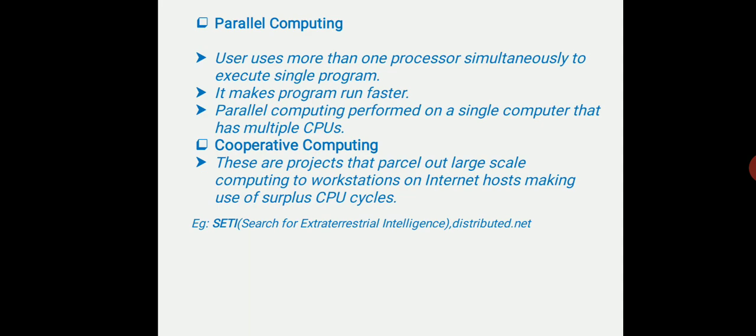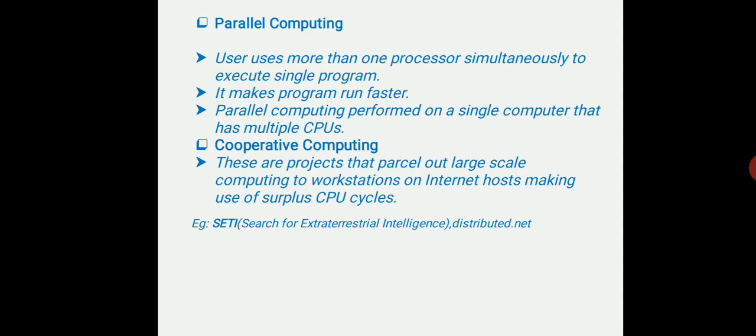Cooperative computing is performed to accomplish large scale projects such as some scientific projects. The examples are SETI, which is search for extraterrestrial intelligence, and distributed.net. What is extraterrestrial? That is space related programs, so that is scientific programs.